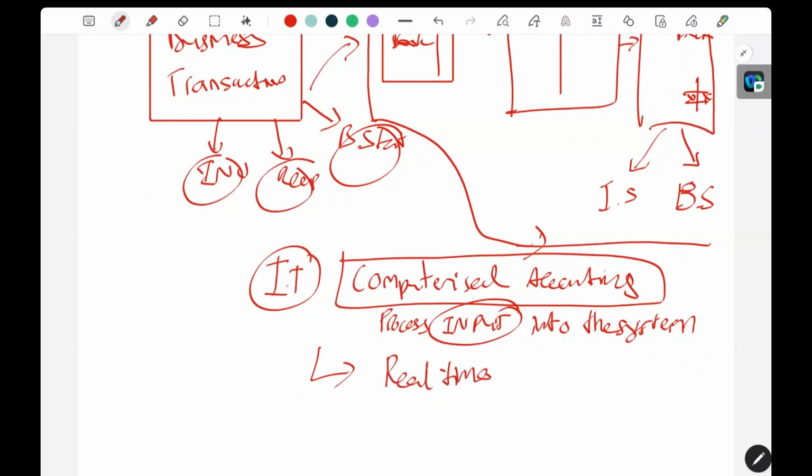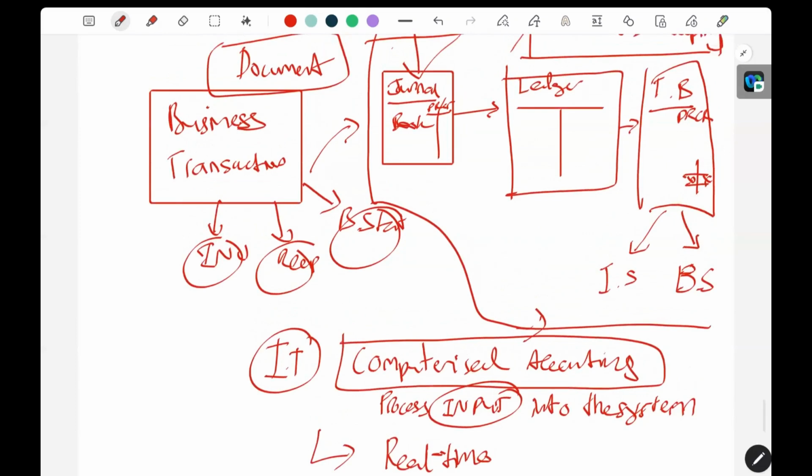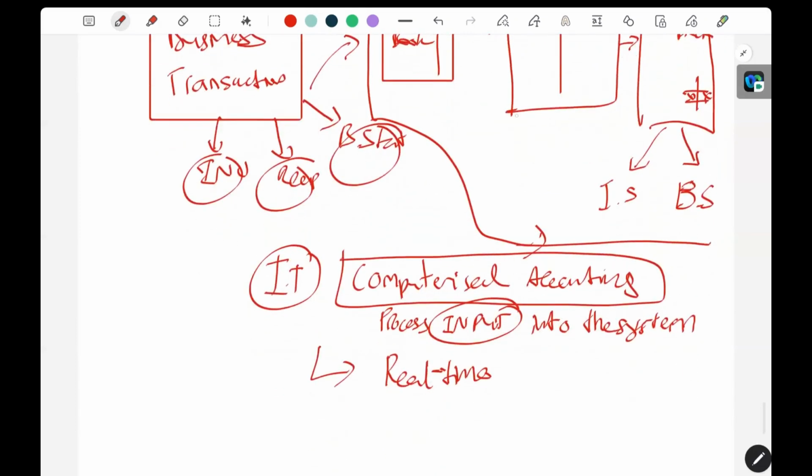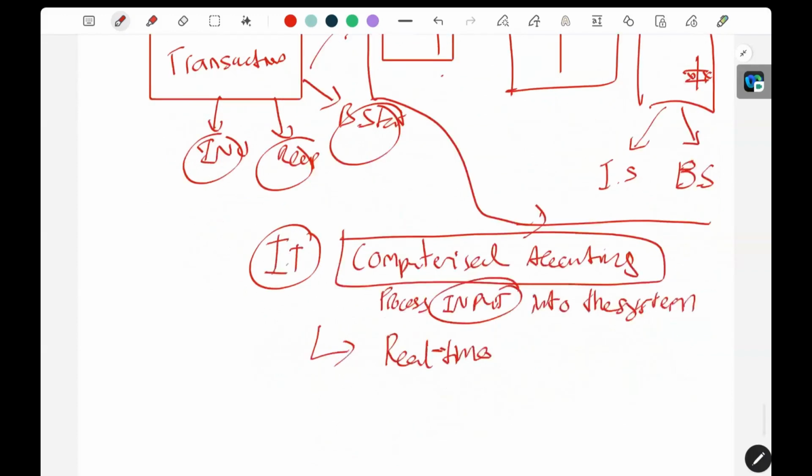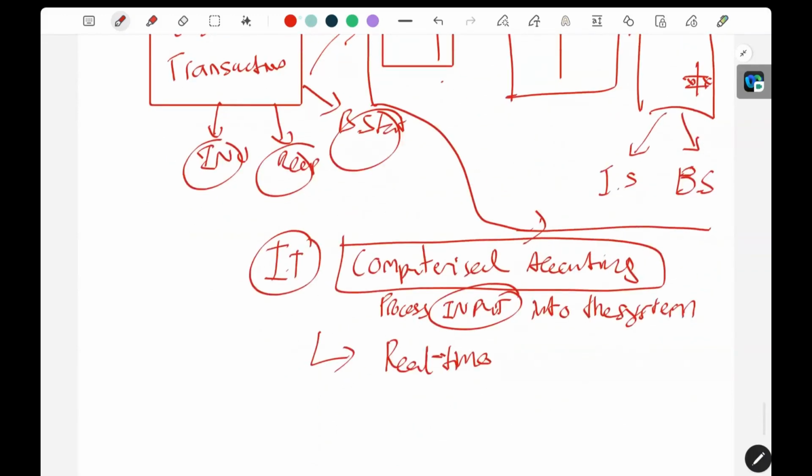All right, all of these transactions will be put into a database.